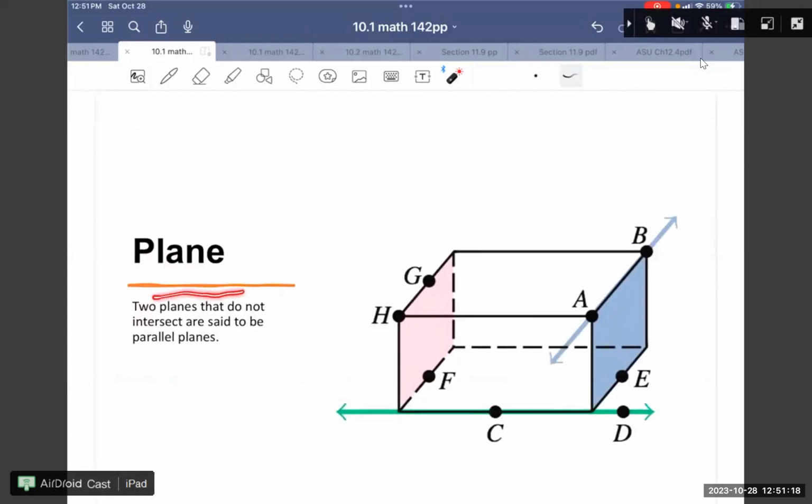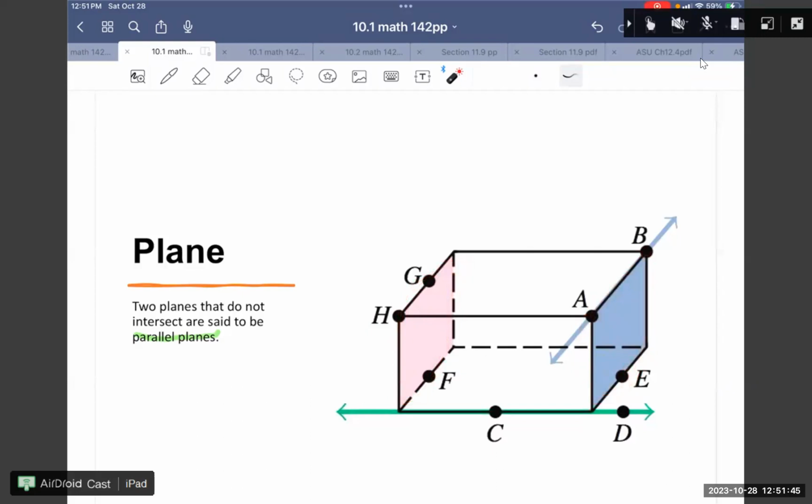Two planes that do not intersect are called parallel planes. You see this plane HGF, and this plane ABE. This one right here and this one right here do not intersect.